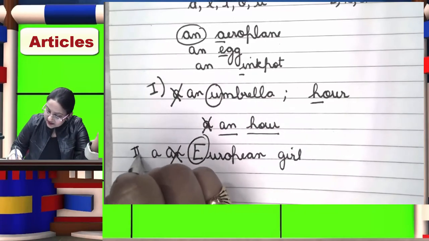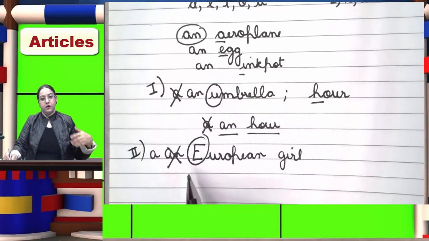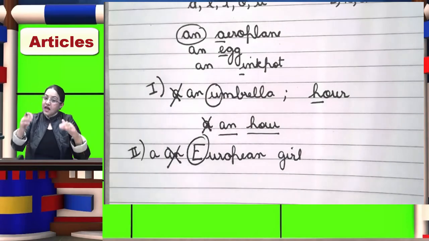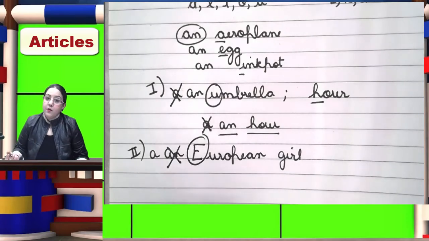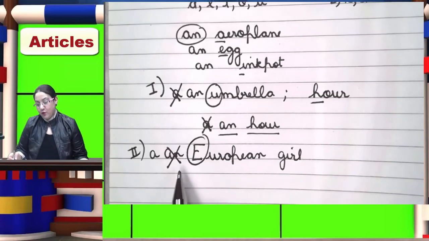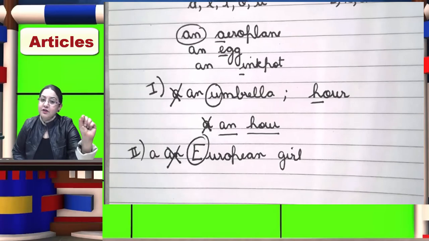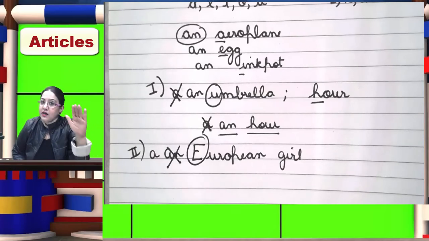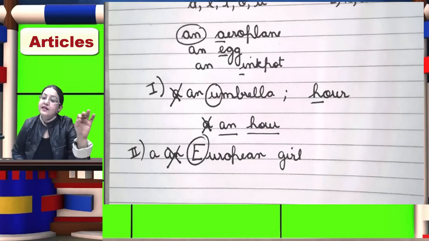And the second case is the word is starting with the swar, with E, but the sound I get when I speak the word is not the sound of a swar. So I am not going to use an here. Okay. So we have to emphasize the sound that we are getting. We have to concentrate on the sound that we are getting.